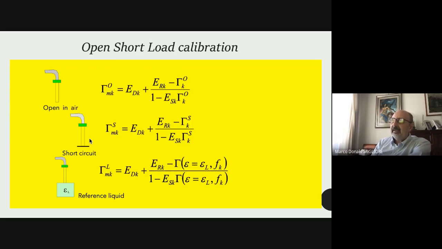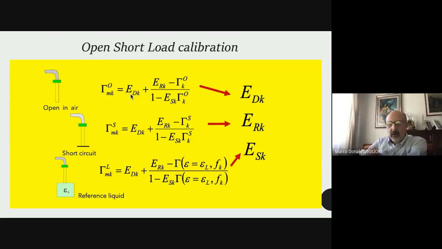We can measure, of course, the reflection coefficient, and from this we can estimate the error parameters. And of course, this method works. The problem is the reference liquid, because we must know the permittivity of the reference liquid with a very high precision. And this is quite complex, first of all, because we need an extremely pure reference liquid.